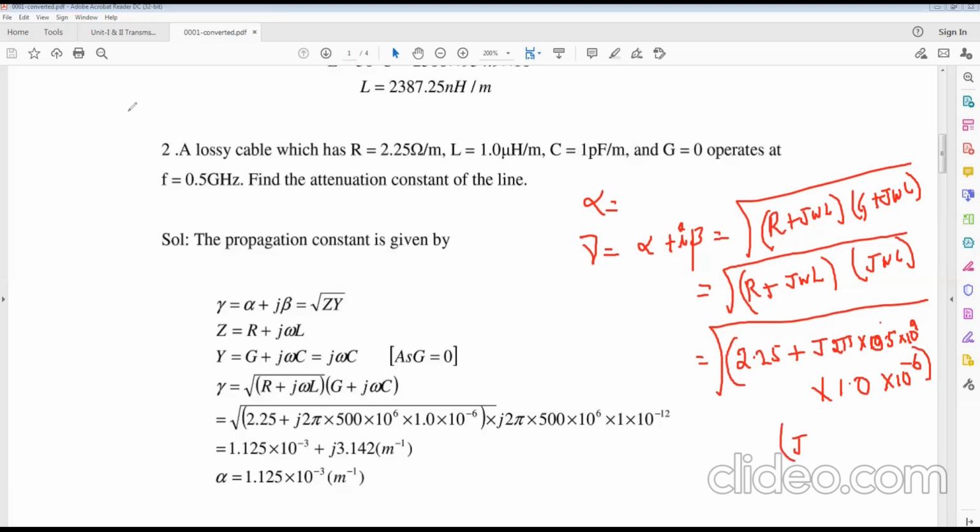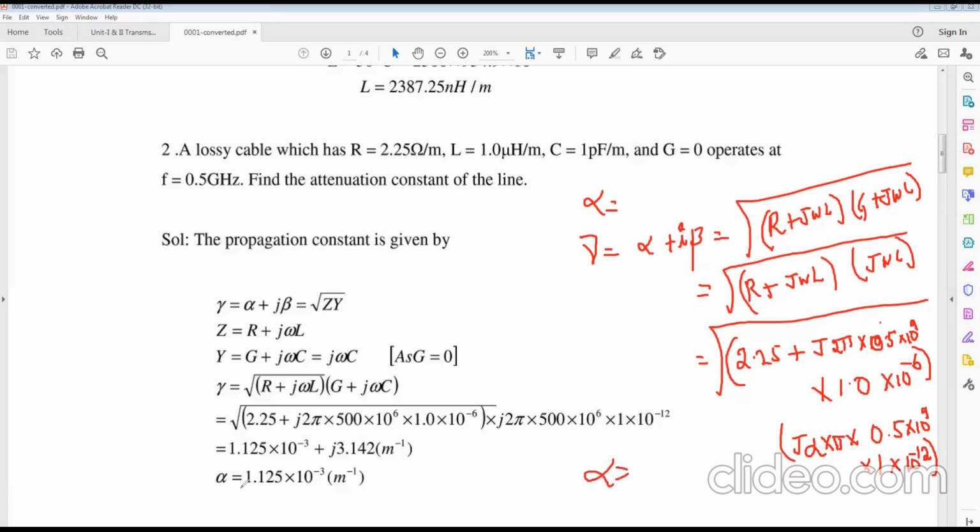Again here 2 pi into 0.5 gigahertz 10 power 9 and 1 into pico 10 power minus 12. Let's simplify this function. We'll get the imaginary coefficient is beta and the real is the alpha value.